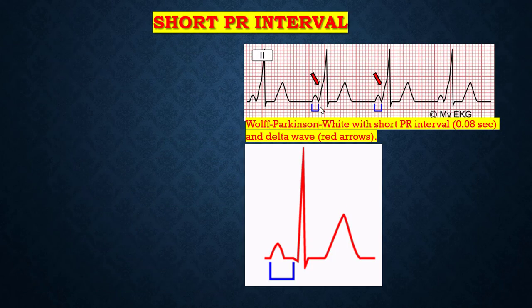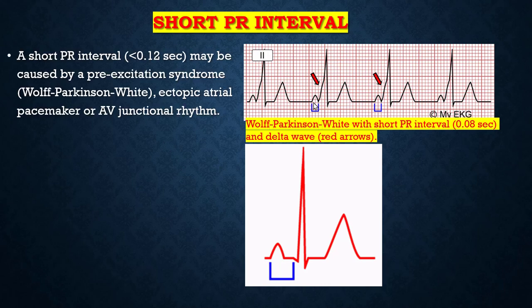Short PR interval. A short PR interval, which is less than 0.12 second, may be caused by a pre-excitation syndrome called Wolff-Parkinson-White syndrome, ectopic atrial pacemaker or AV junction rhythm.